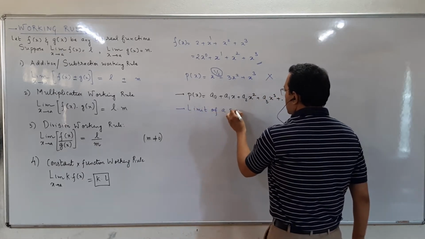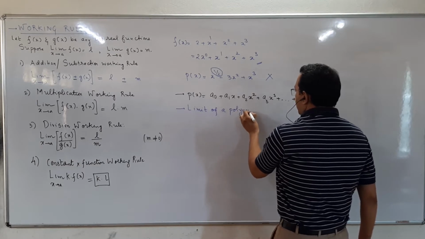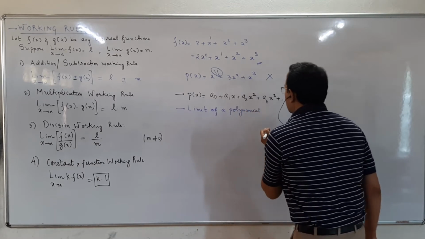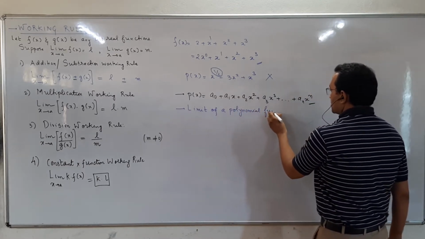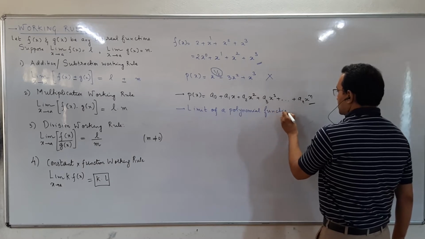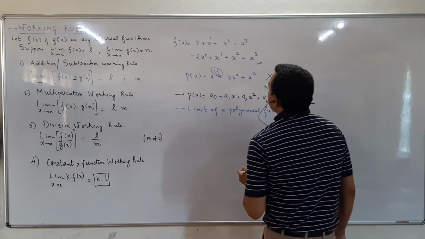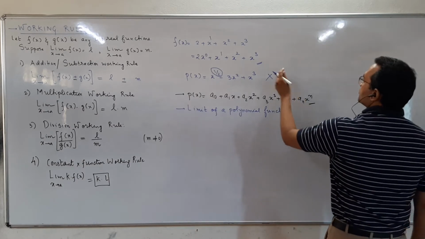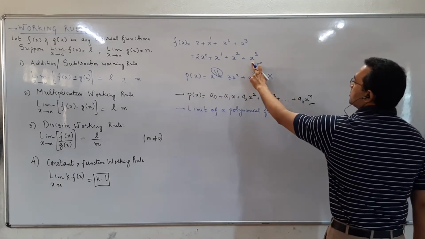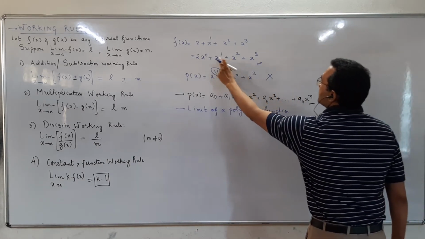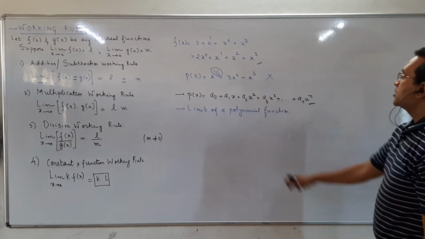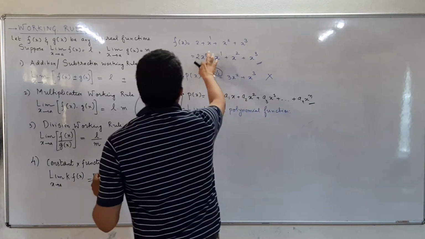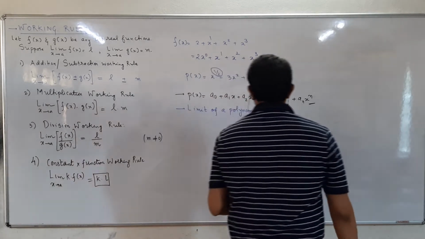of a polynomial function. So, in the simplest term, limit of this function as x tends to 1, I will replace every x by 1. Limit of this function as x tends to 2, I will replace every x by 2.